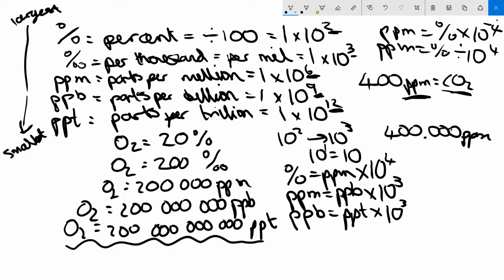It's the same thing. So I need to decrease this number by 4 decimal places. So 1, 2, 3, 4. So I then have CO2 is 0.04% of the Earth's atmosphere. Okay, and that is it.